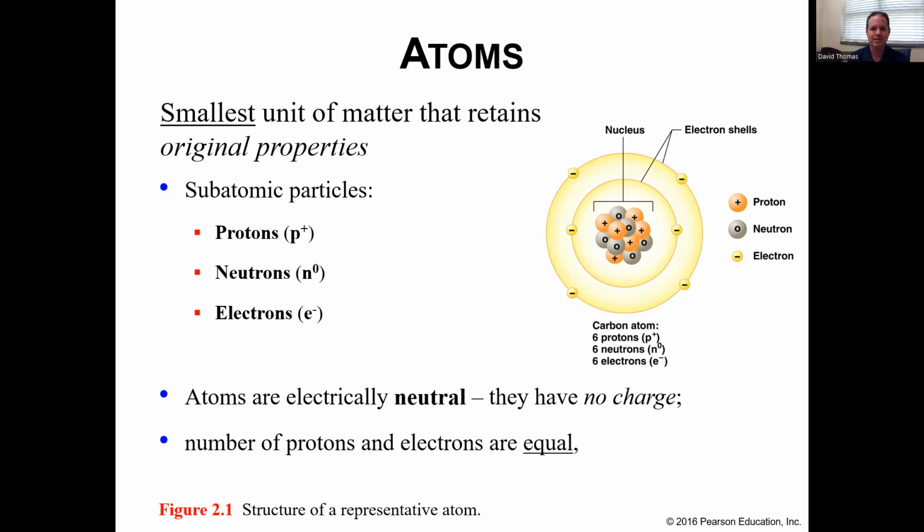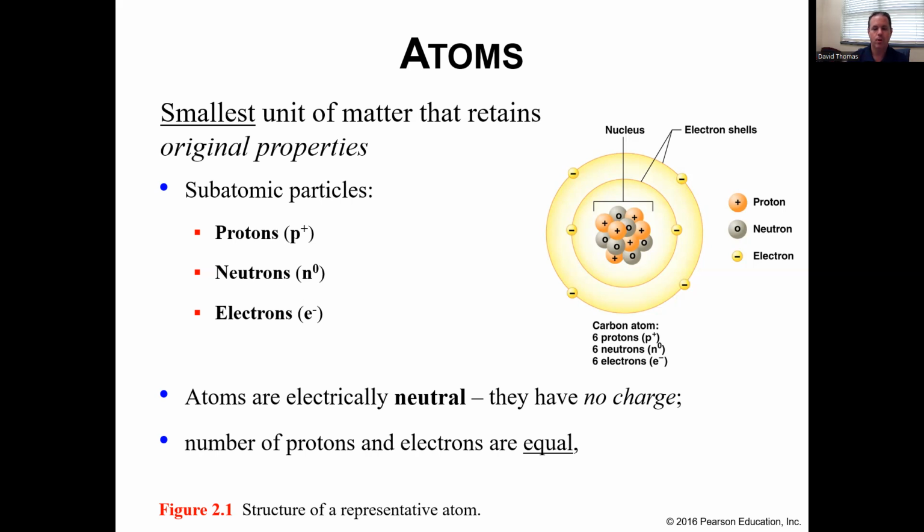And then, of course, inside of that nucleus, that's where you're going to find the protons and neutrons. Make sure you realize that protons do carry a positive charge. Neutrons do not have a charge, so they're referred to as neutral. And so this is kind of a picture of a stable atom. There's no charge associated with this particular atom.